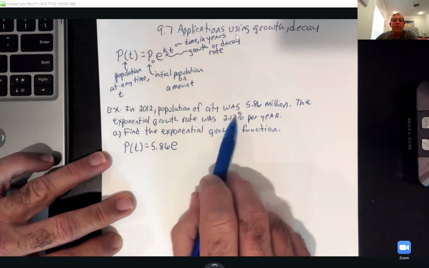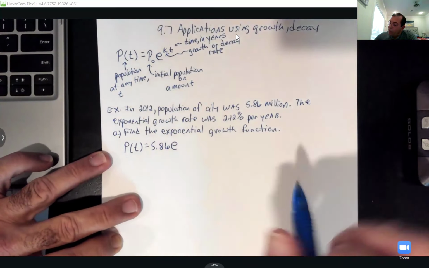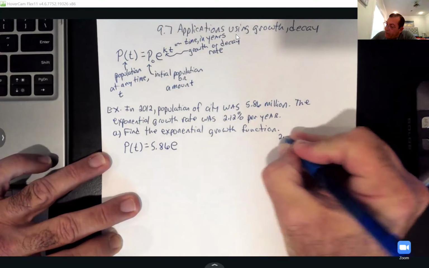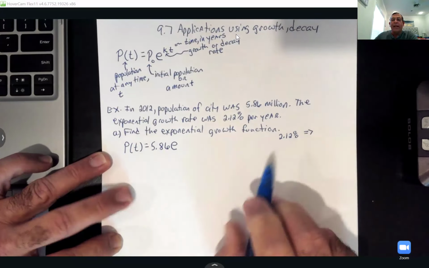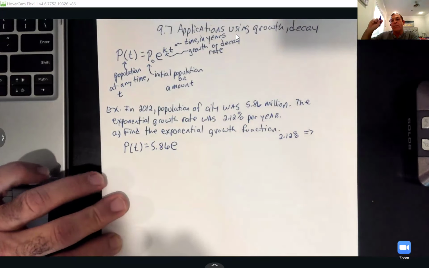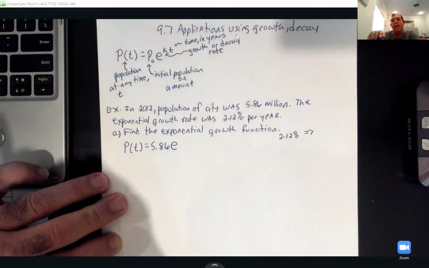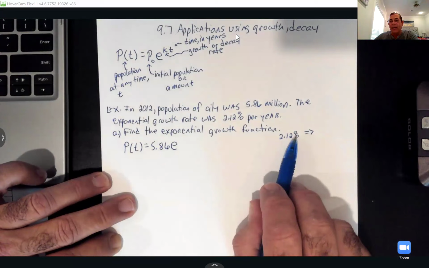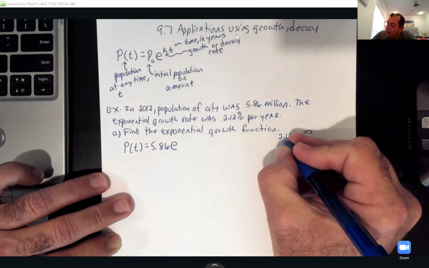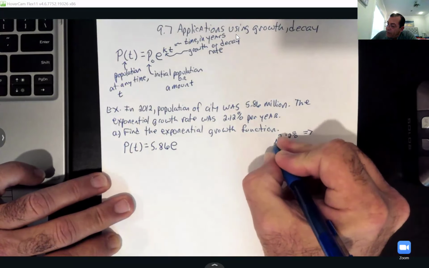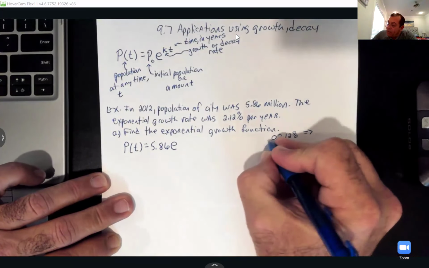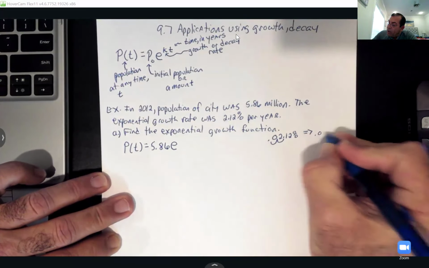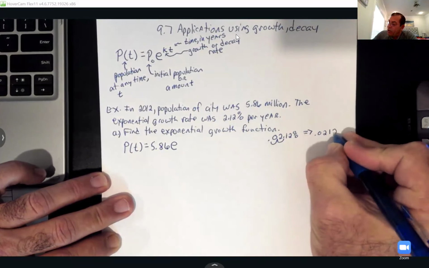K was 2.12%, but we have to turn that into a decimal by moving the decimal left 2 units and getting rid of the percent. So for this one, I would have to add a 0 in there so that I get 0.0212.